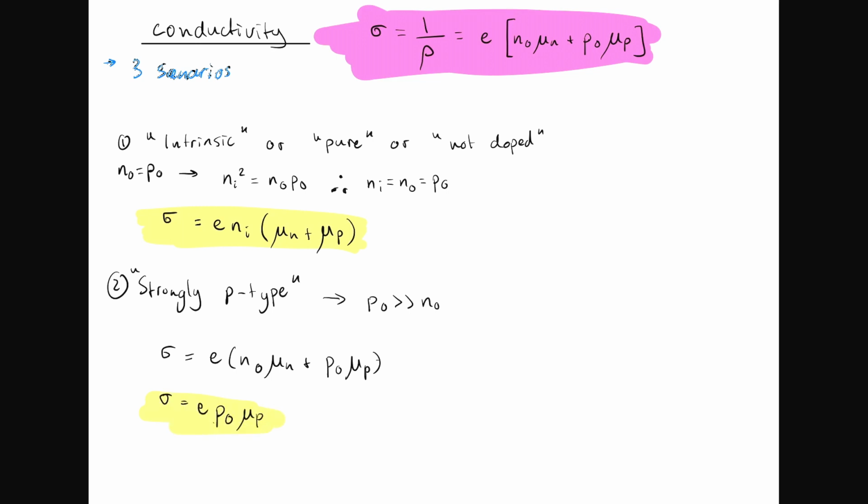And I'm sure you can guess that the third one, number 3, is strongly n-type, and everything is the opposite of p-type. So sigma is equal to e n0 mu n. And so for these type of questions, you might get a question that says the concentration of holes within a strongly p-type is this.